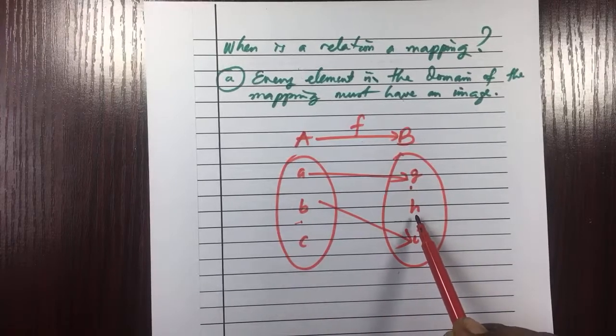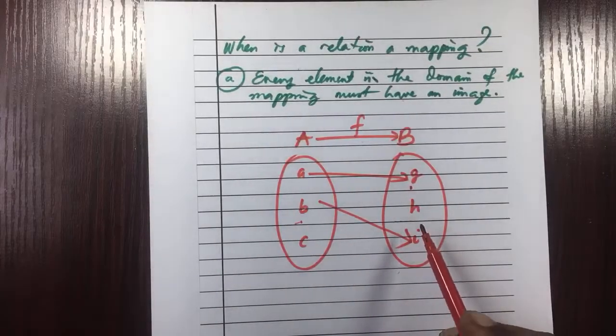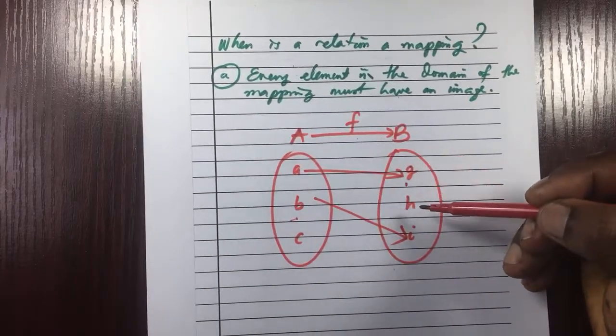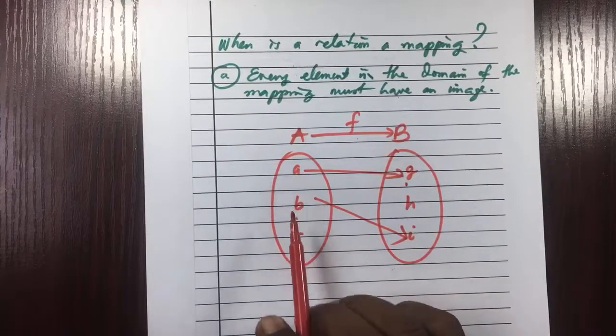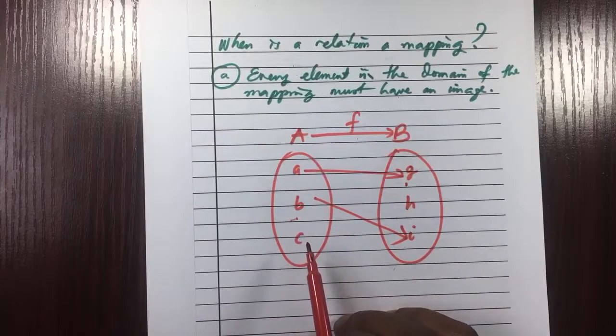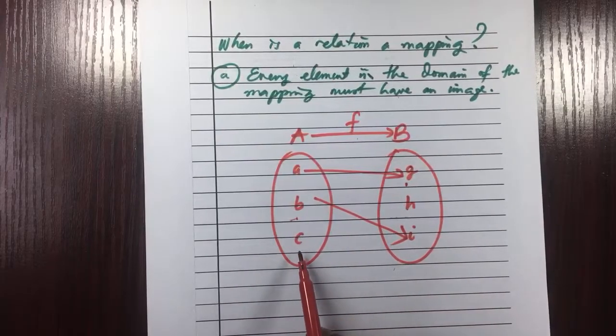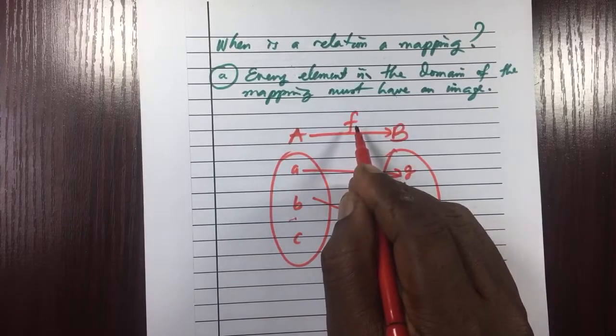Now H has not been assigned to any element in the domain A, and that does not matter. Not every element of B, the codomain, must be an image of an element in A, but every element in A, the domain, must have an image in B. So for the singular reason that C, an element in A, the domain, has no image in the codomain, this relation F is a mere relation.